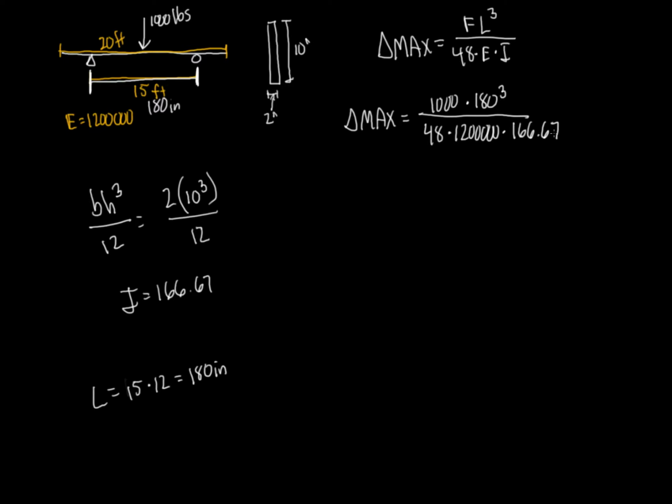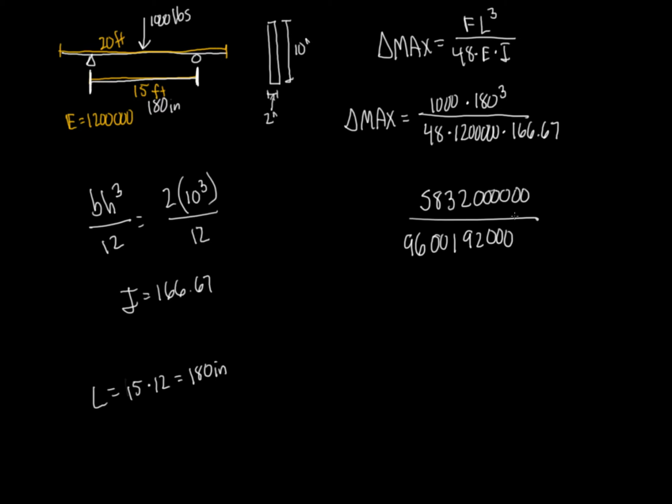I'm going to multiply that by our 1,000, and we get a big number: 5832 and 6 zeros, all divided by 48 times 1.2 million times 166.67.